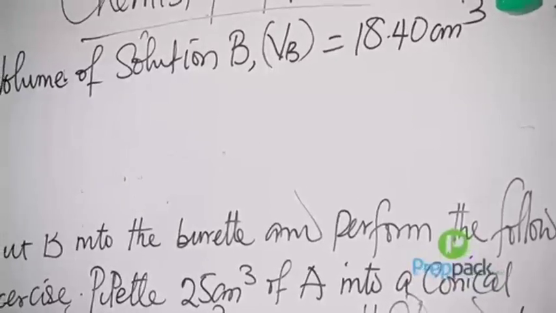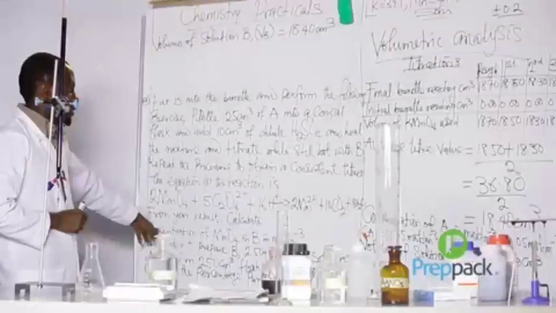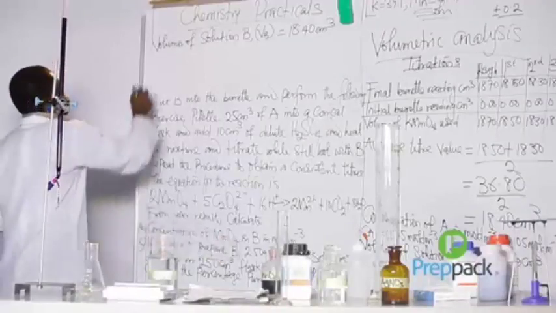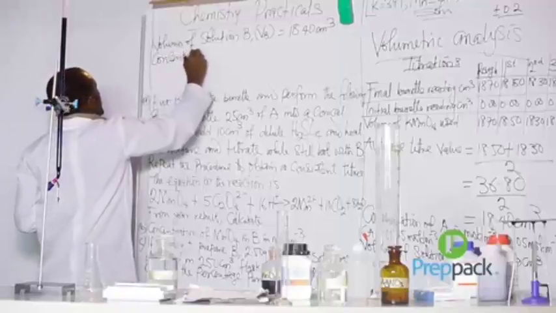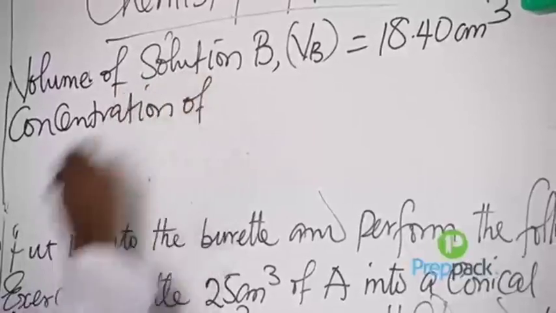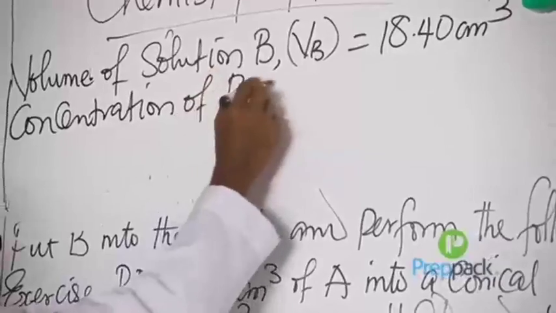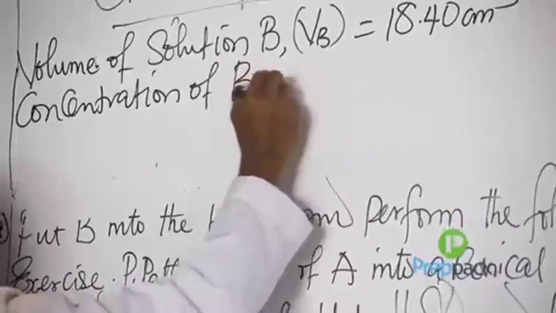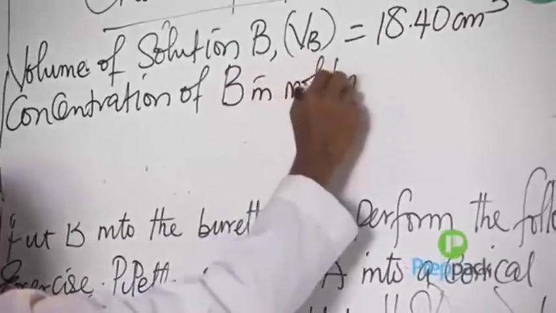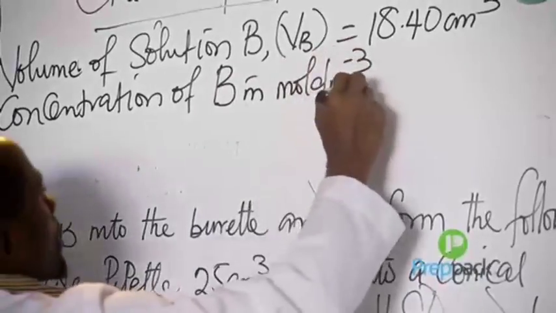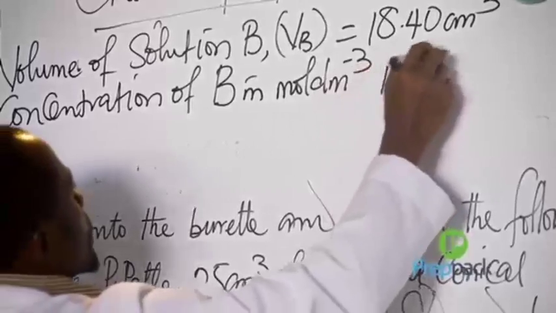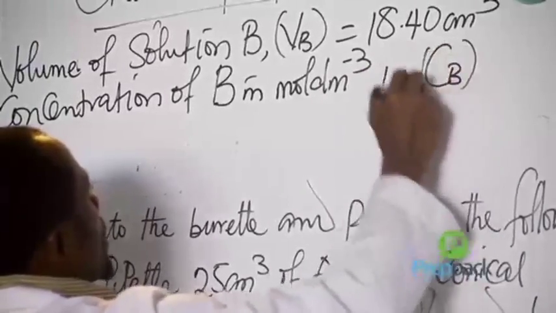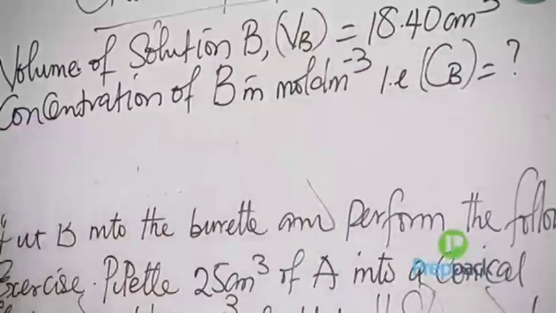So we are looking for the concentration of B, that is in mole per dm cube, that is CB equal to question mark.